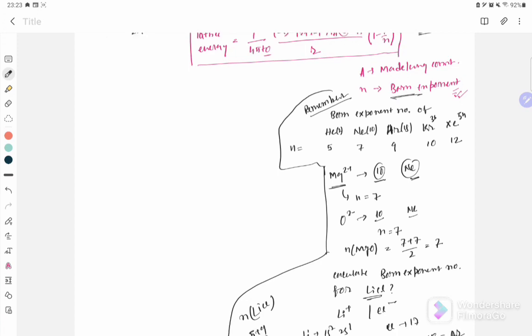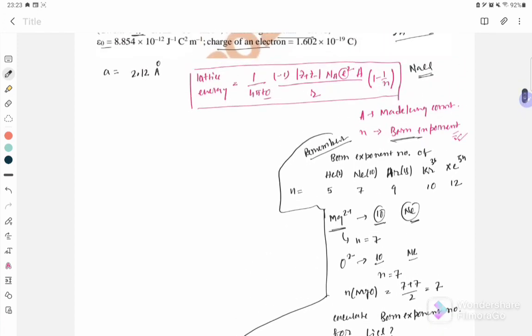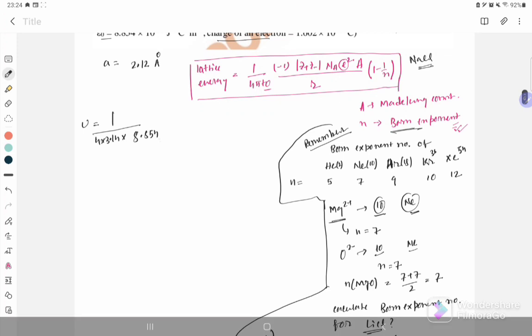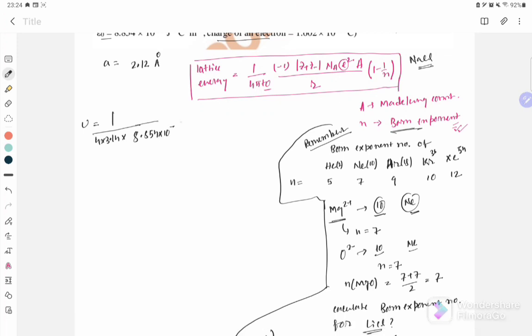The lattice energy U is defined as 1 by 4 into 3.14 into 8.854 into 10 to the power minus 12.